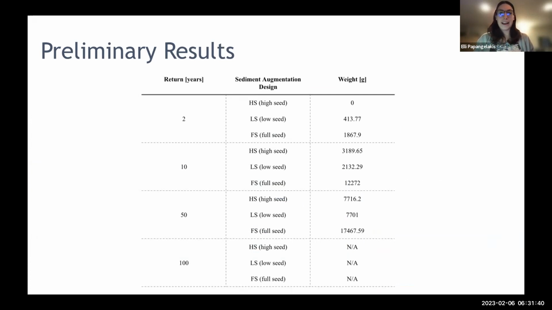We're finding that when we seed the sediment higher, the high seed condition, we retain more of the sediment than in the low seed condition. In the 100-year flow, in the low seed, almost all the sediment had washed out. With the full seed, you usually retain a good amount, but then it becomes a cost thing, because you have to seed your entire channel. That would be more material.